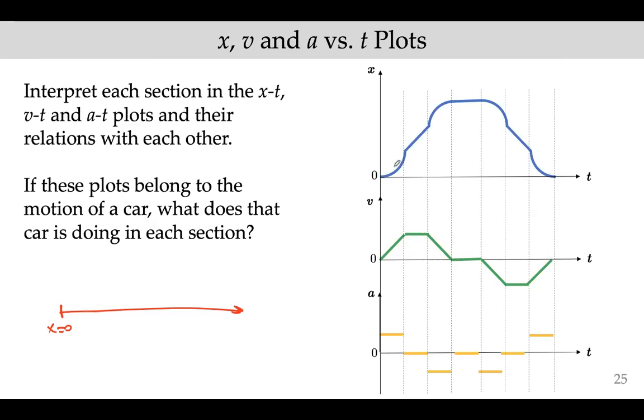So initially, it goes from x equals 0 to, let's make up some number, 1 meter, while increasing its speed. And then in the second section, the speed is constant. So it's going to move from 1 meter to, let's make up another number, 3 meters. So here it's speeding up, but after this point, it is going with constant speed.